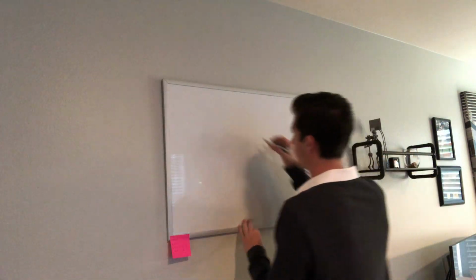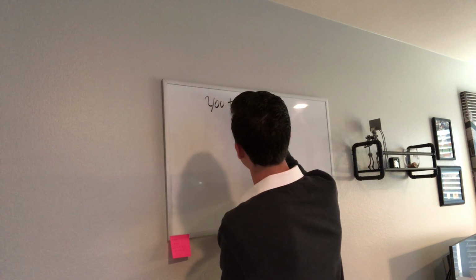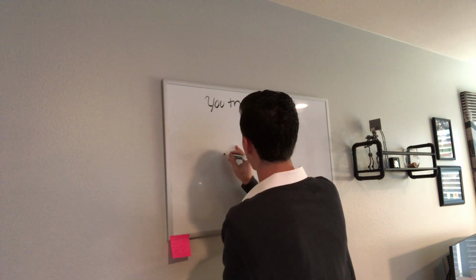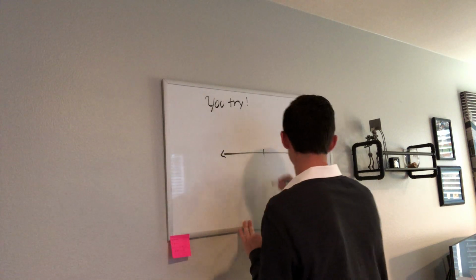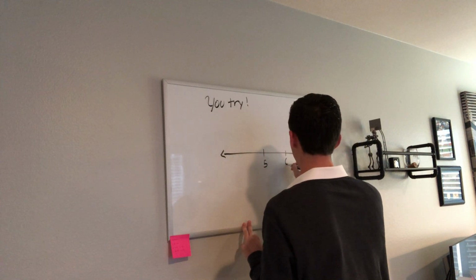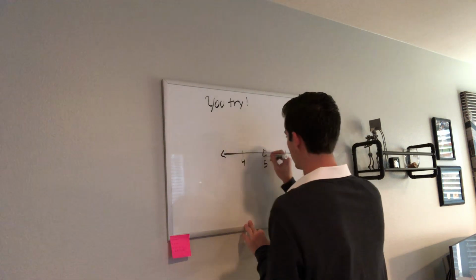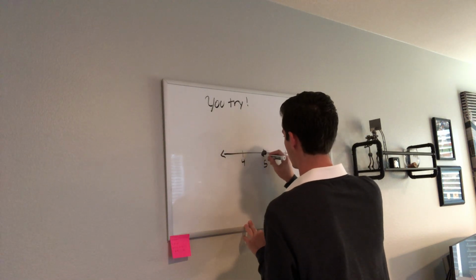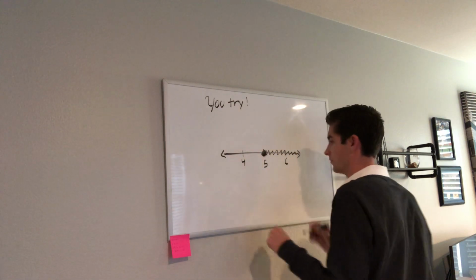So we're going to have a you try. Alright, so here's your graph. We're going to have 5, 6, and 4. We're going to have a closed dot. We're going to have it shaded this way.